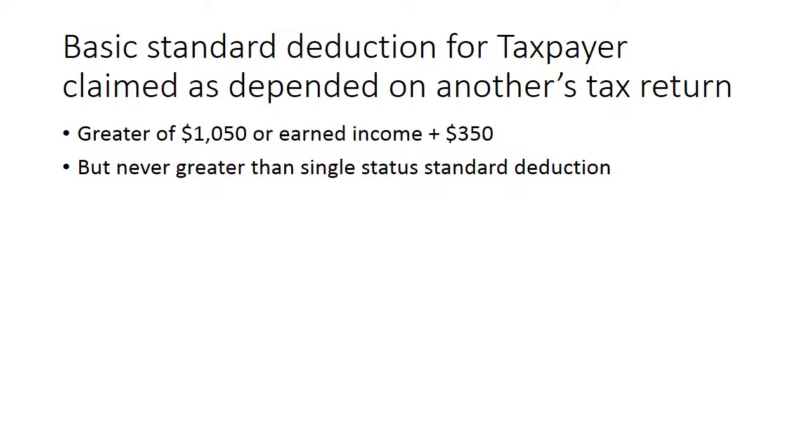So how do we determine their standard deduction? It's the greater of 1,050 or earned income plus 350. So you say 1,050 and compare it to earned income plus $350. But their standard deduction can never be greater than the single status standard deduction. Take a look at some examples.